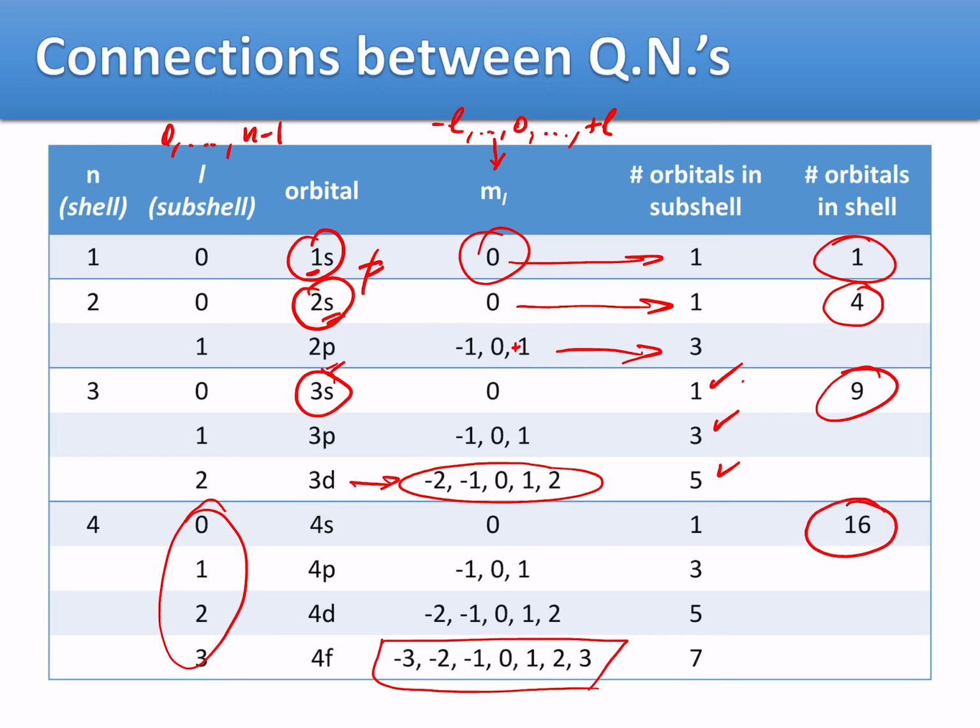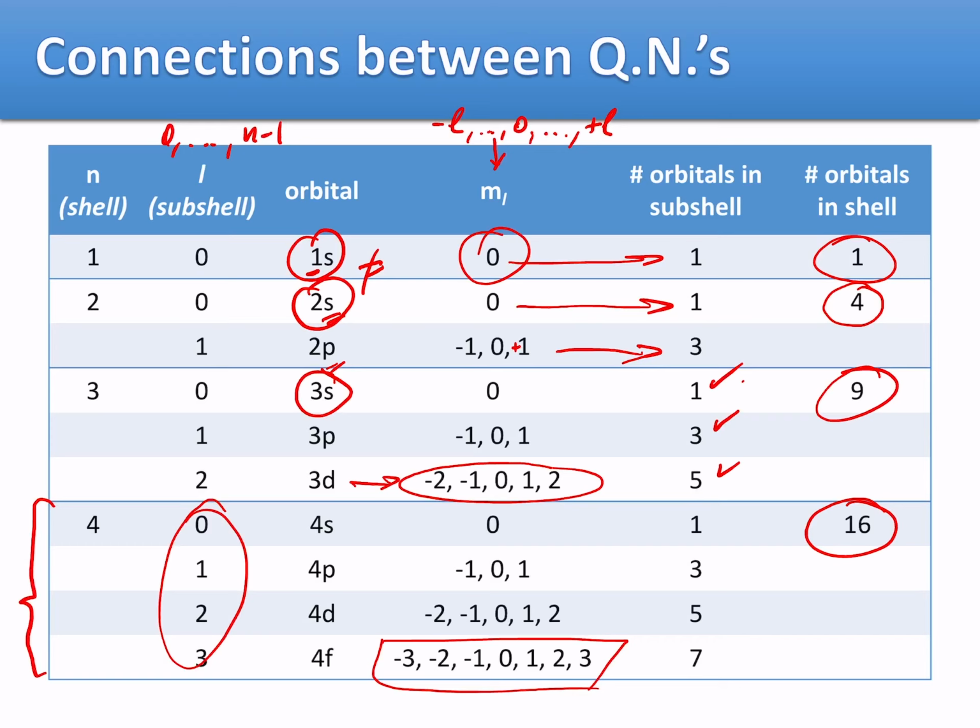Usually this is as far as you go, but for example, if you go to 5, technically you can have a 5g orbital there. It's just that most likely we are not going to use it. So basically this is as complex a distribution of orbitals as it is going to be for any element that you are going to work with.